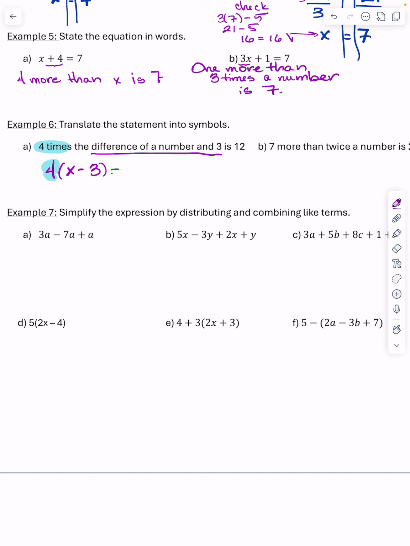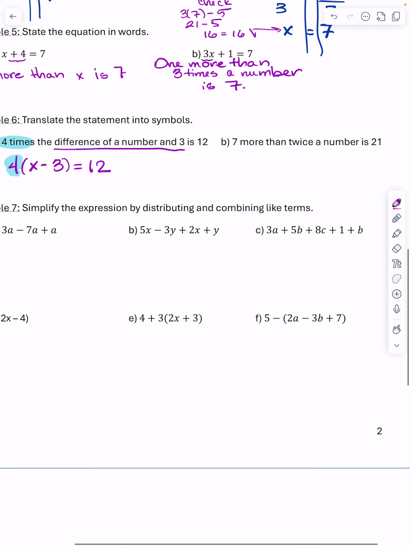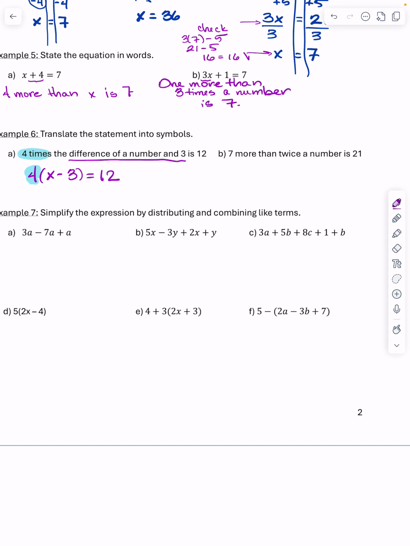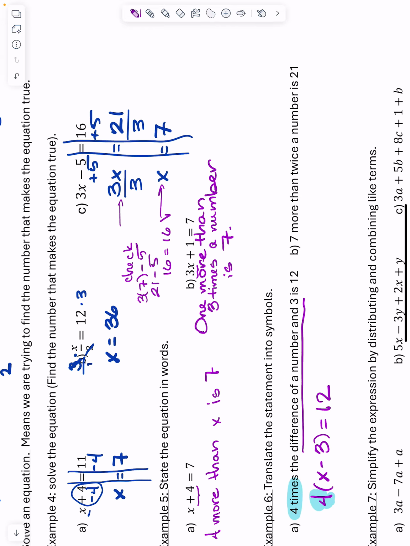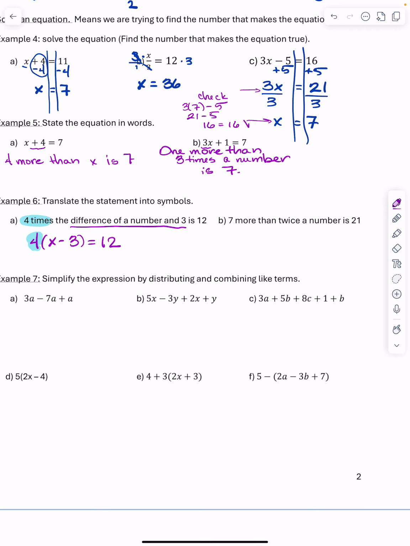Again, I have the is 12 part. The b here, 7 more than twice a number. Oops, sorry about that. I'm starting with twice a number, 2 times x. 7 more than that, plus 7 is 21.